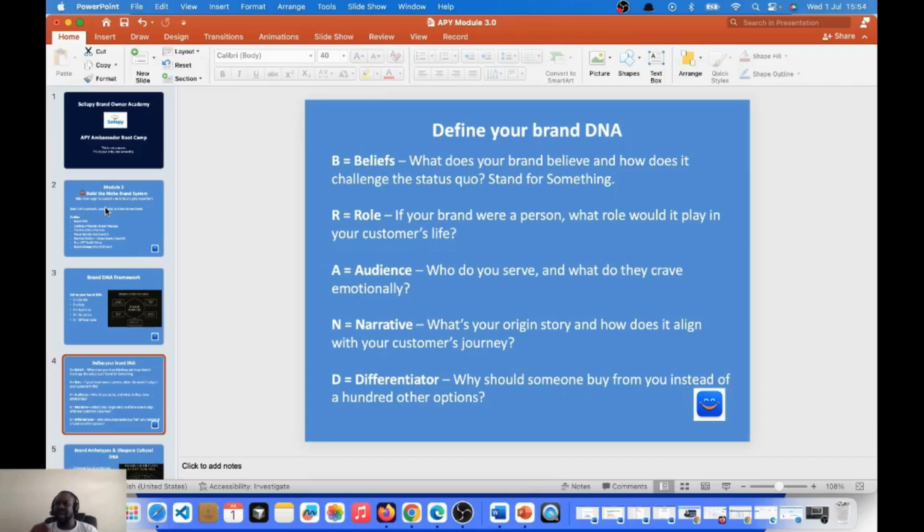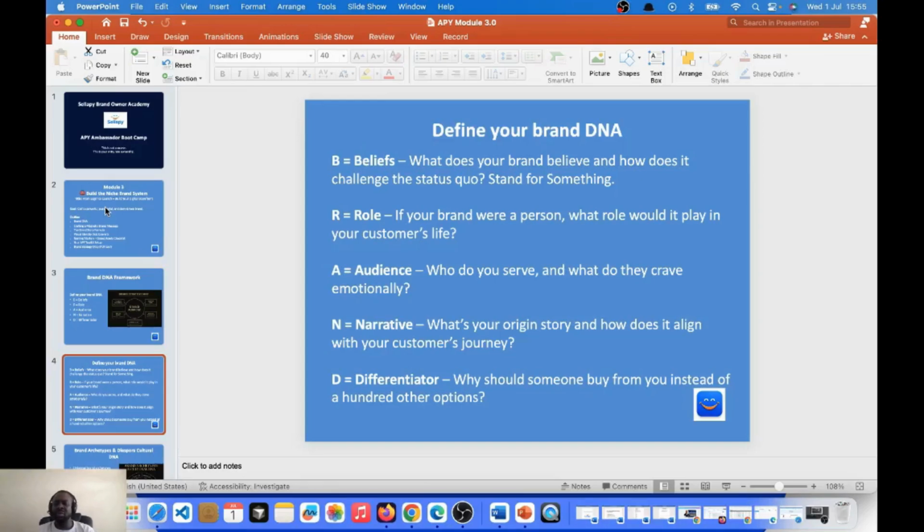What lights the fire for this particular brand? This is a belief system that your brand will stand on. It is like the foundation that you build your brand on top of. I will give examples of this as we go on, but just understand that for every brand there must be a belief behind it.